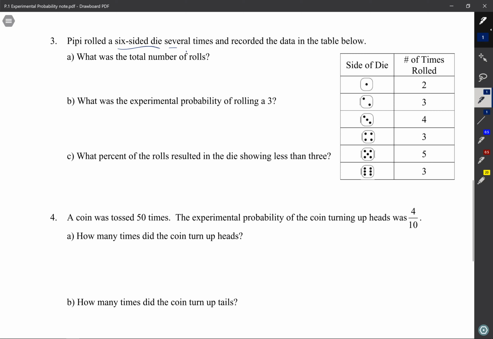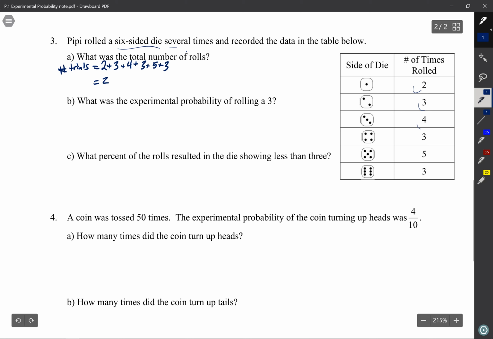So the total number of rolls is the number of times we roll a 1 plus the number of times we roll a 2 plus the number of times we roll a 3, all added together. The number of rolls will be our number of trials, and that's 2 plus 3 plus the number of times we roll a 3, which is 4, plus 3 plus 5 plus 3.